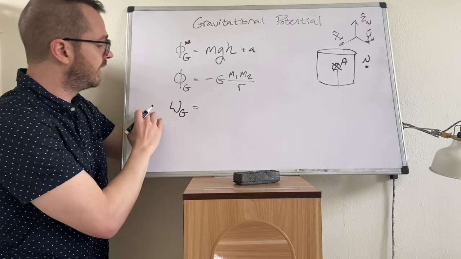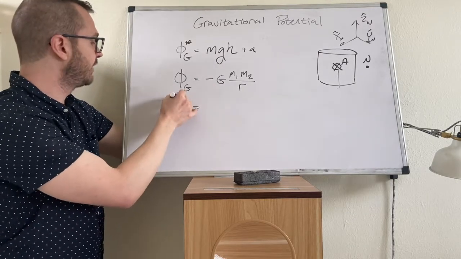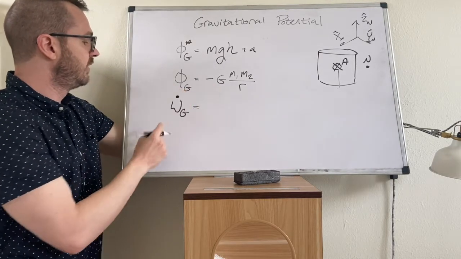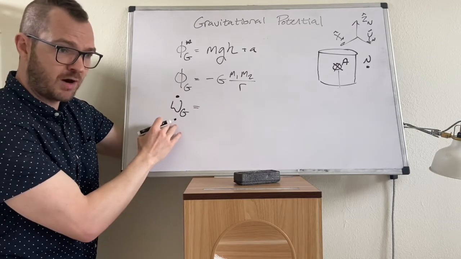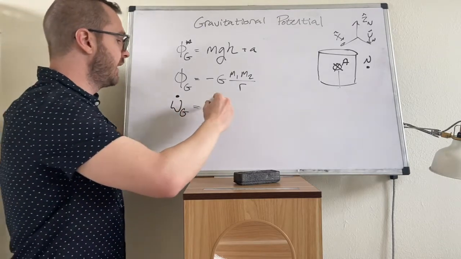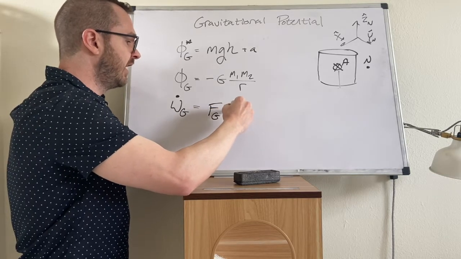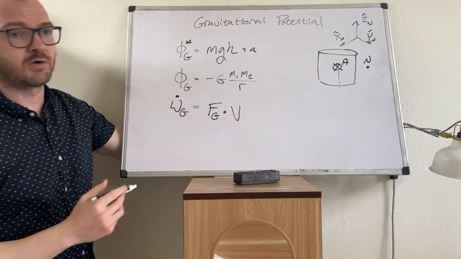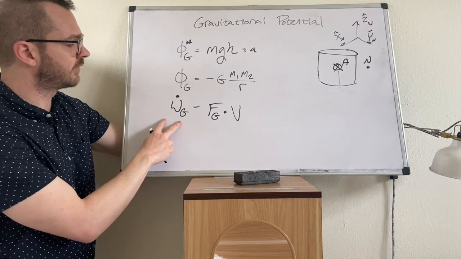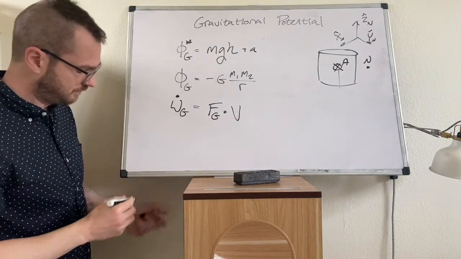If you're doing numerical integration, you could calculate the change in work, or the power associated with it: you take the gravitational force and dot it with the velocity of your craft, and then numerically integrate it to find this quantity.